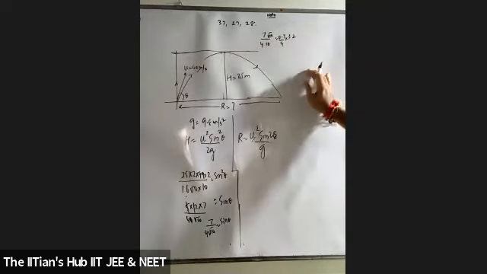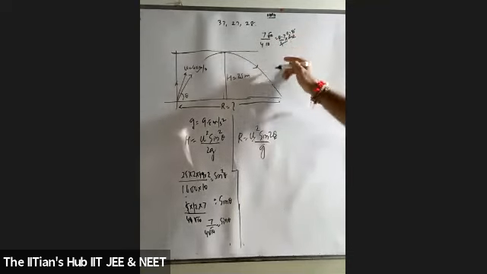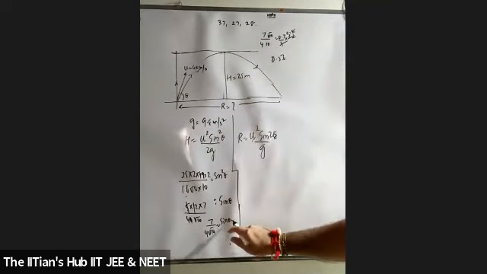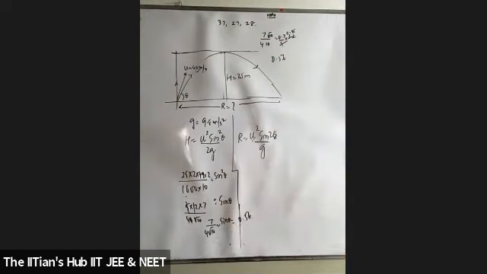Root 10 is 3.2. Yes, sir. 4 eights are 32. See, 8 sevens are 56 came. Students, sin theta, I'm getting as around 0.56.